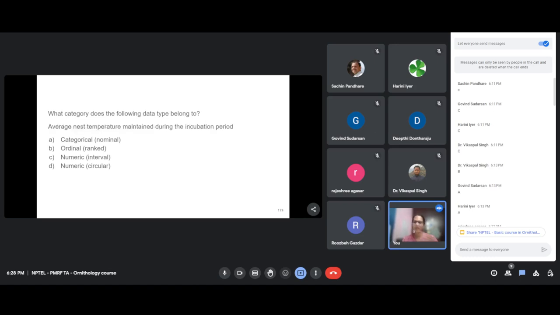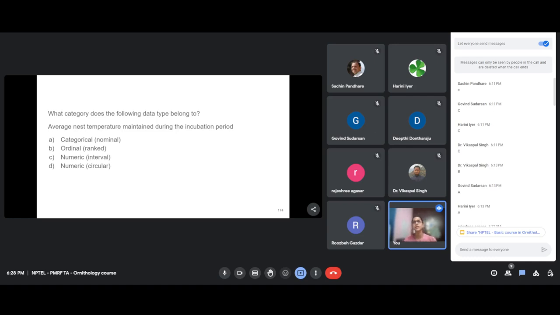Now when you have average nest temperature, you have it in degrees Celsius, and you can go from 0 to whatever level. It's not like circular angular degrees. It is values that can lie on a scale with a particular interval.